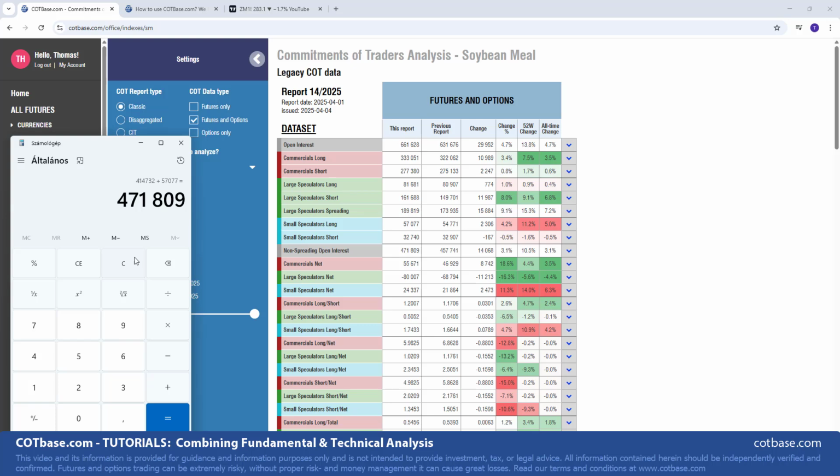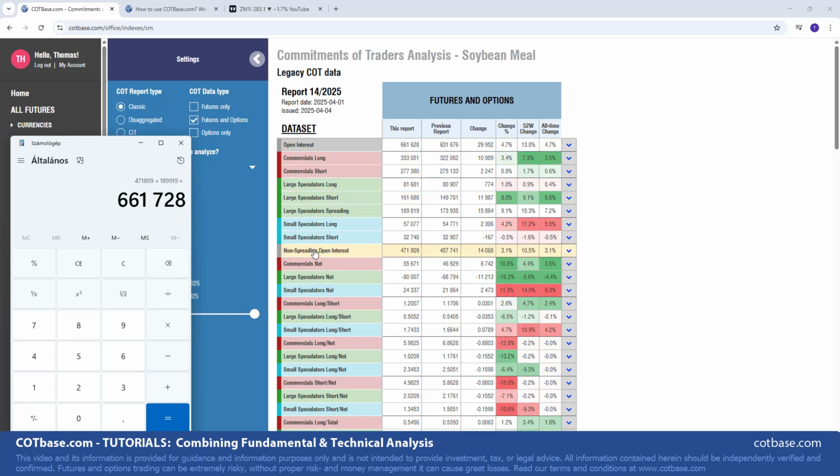And we arrive at 471,809 contracts. That's the total non-spreading. Non-spreading means these large speculators who have both long and short contracts are not counted. If we add them to this number, then we arrive at the total open interest, 661,628. I probably made an error over there.